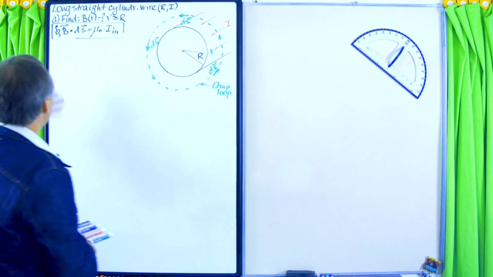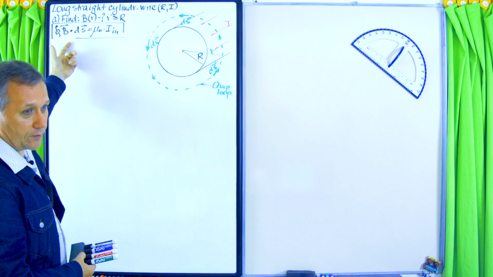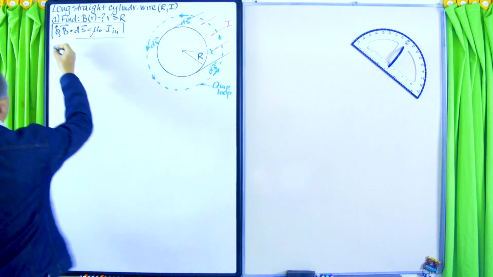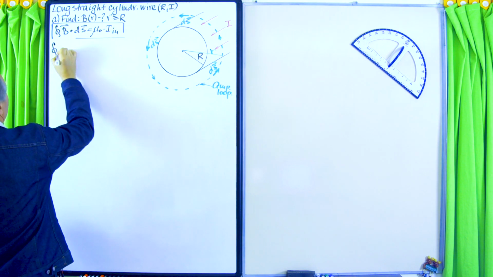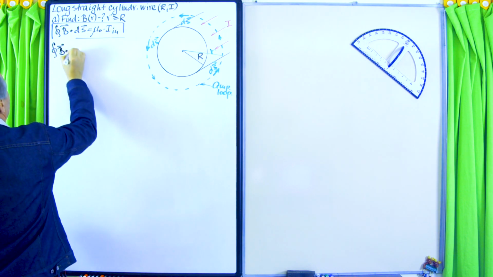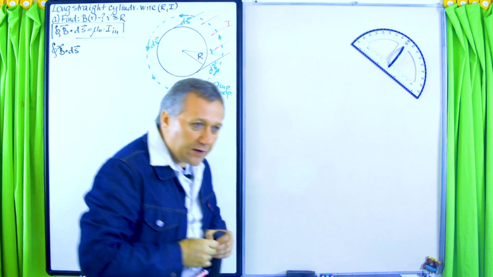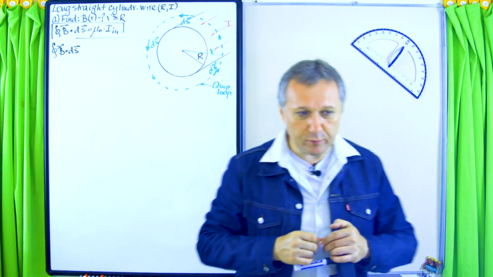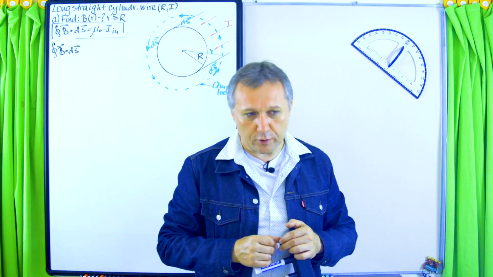Usually, I start with evaluation of this integral. So let me write the integral over the closed loop, the Amperian loop, of B dot ds. The steps will be very similar to the steps we used to apply Gauss's law.